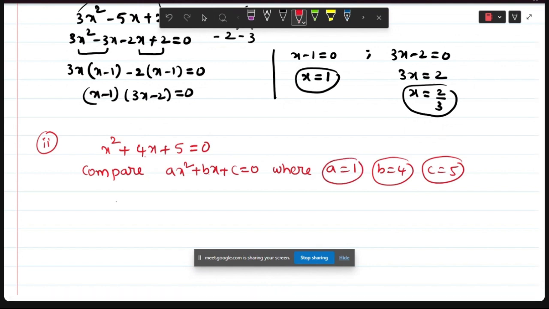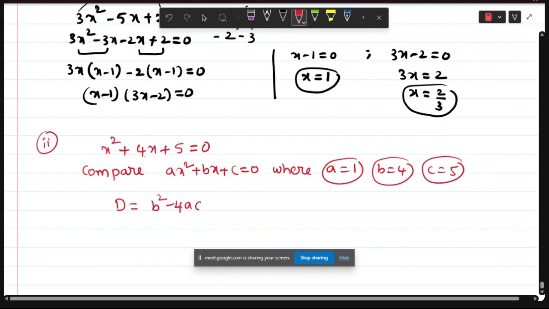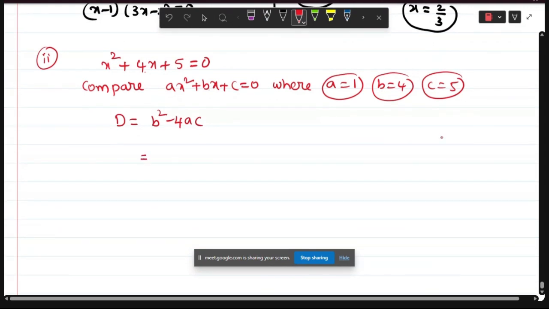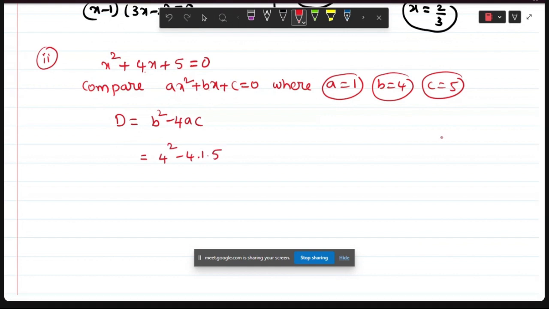First find the discriminant. What is the discriminant formula? D is equal to b squared minus 4ac. The b value is 4, so 4 squared minus 4 into 1 into 5. 4 squared is 16, 4 ones are 4, 4 fives are 20. So 16 minus 20 is minus 4. That means the D value is less than 0.